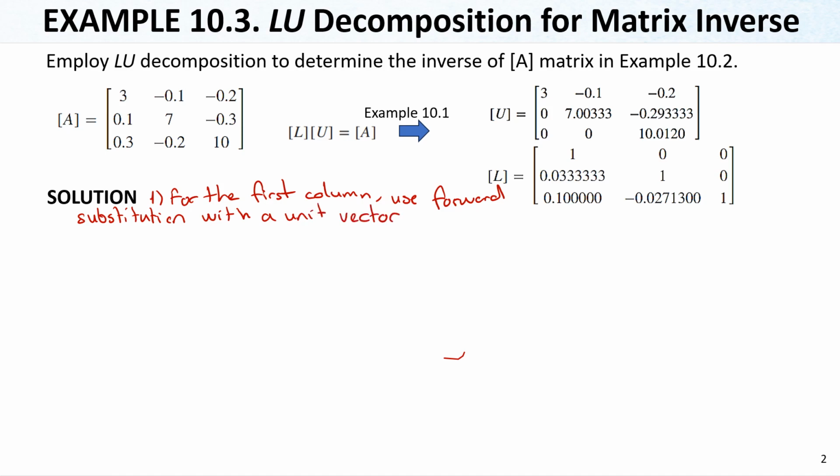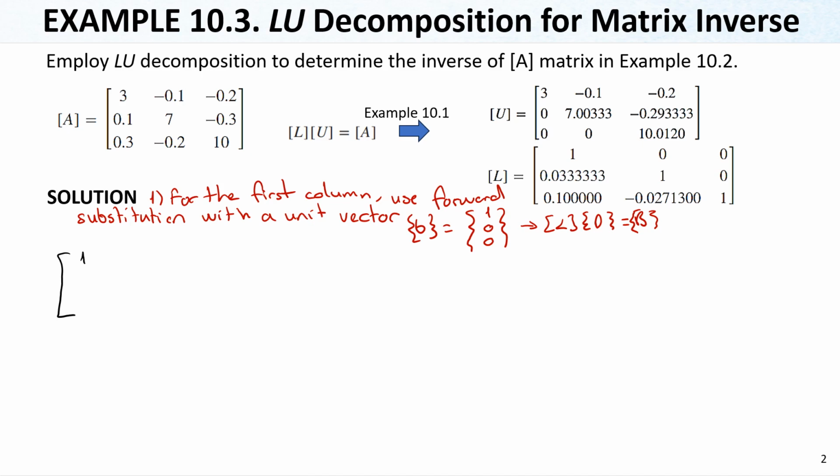And in this unit vector, we will say B, only the first row will have 1, the rest will be 0. So we will just use this as the B. Then we solve L D equals B.